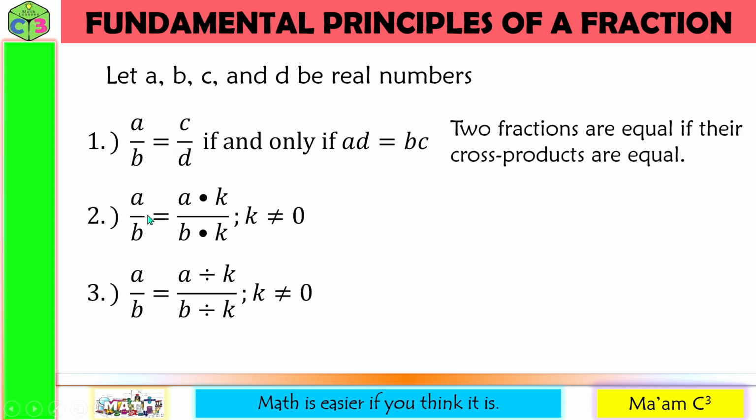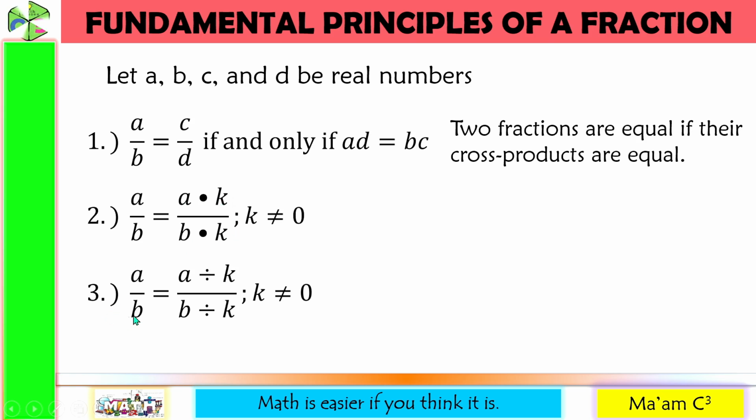Number 2, a divided by b is also equal to a times k divided by b times k, where k is not equal to 0. What happened here is we just multiply our numerator and denominator by the same non-zero digit.